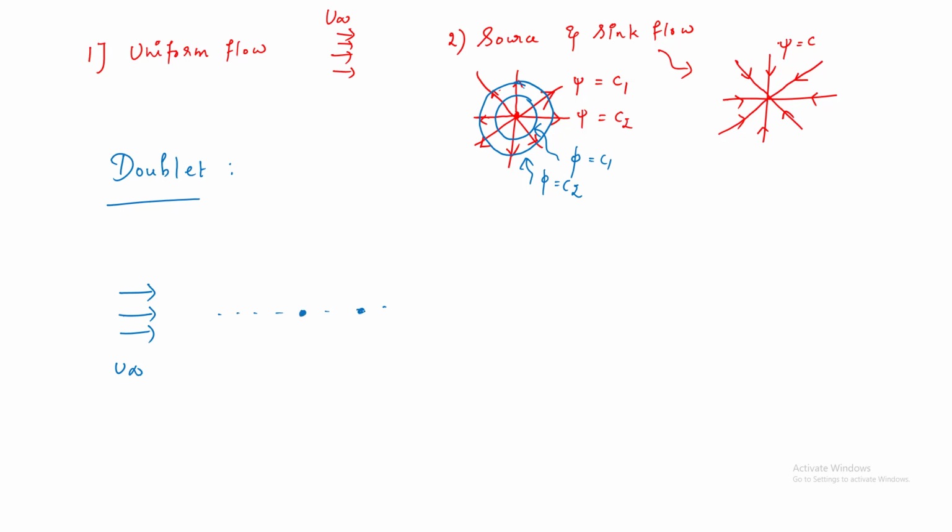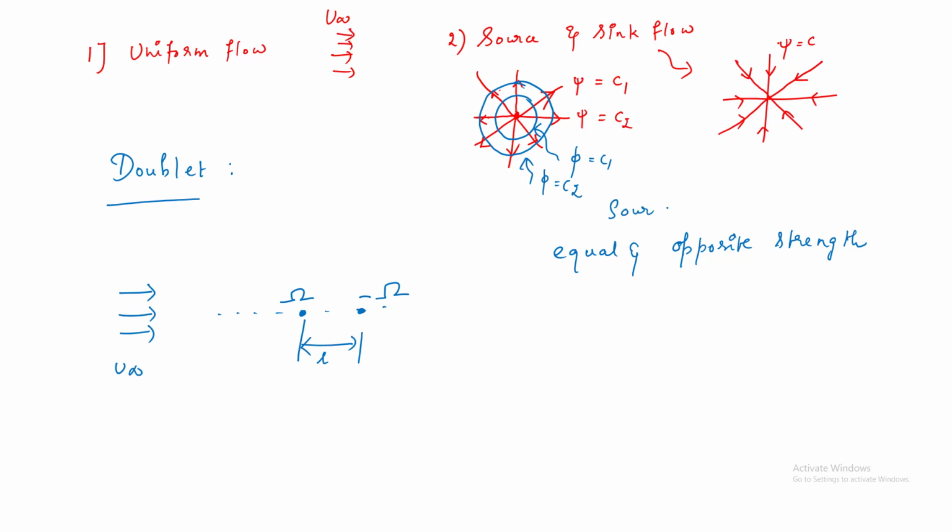The source will have a strength and the sink will have another strength with the opposite sign. The source and sink are separated by a length of L, and they have equal and opposite strength.